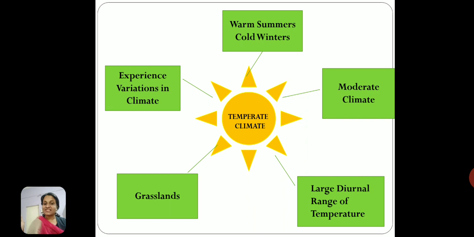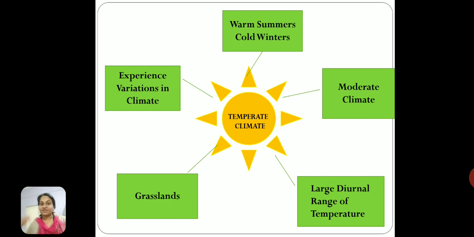If you compare that in the temperate zones, you will find that there is a lot of fluctuation. What does that mean? It means that during the day it could be comparatively very hot, and in the nights it would be very pleasant. So the temperature drop, the difference, could be very high. That variation is known as the diurnal range of temperature.